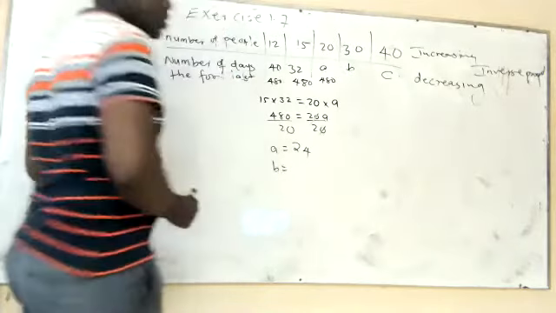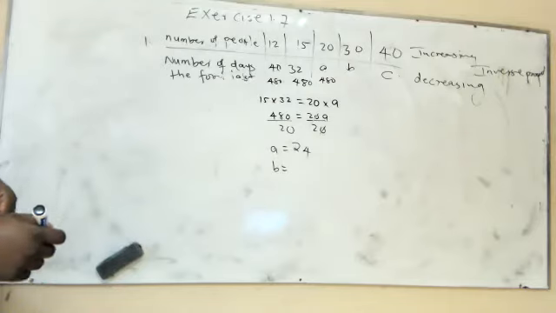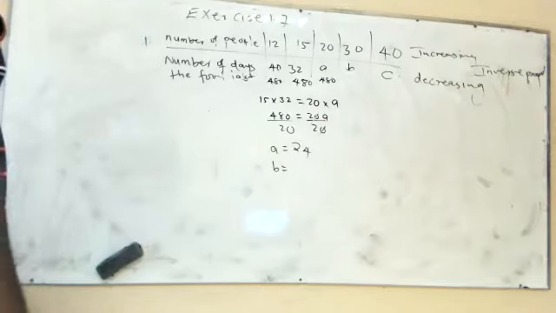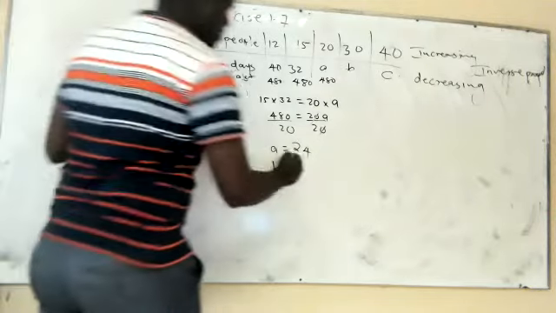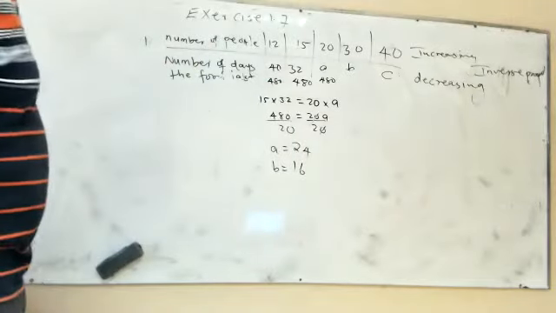B is going to be equal to what? 16. Very true, very, very true. The answer for B is going to be equal to 16.